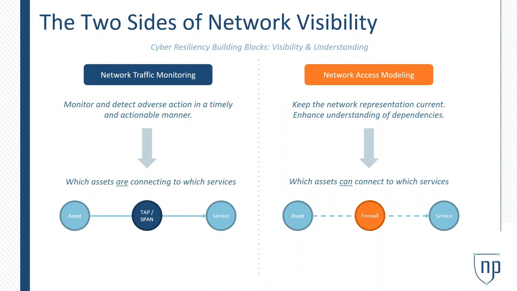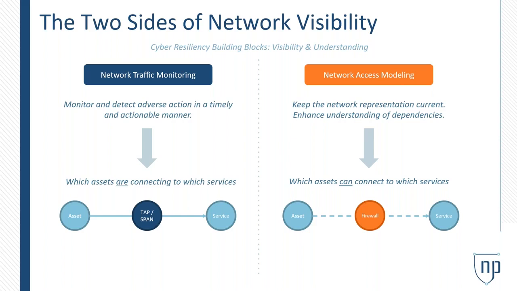But the problem is that if host A and host B across a firewall have never attempted to communicate, you wouldn't know whether or not they could. So we encourage people to have a plan to find the other side of that network visibility, which is the access modeling, to tell you what can talk one to another, to have that full list of available paths based upon your networking configuration, your firewall filters and rules.